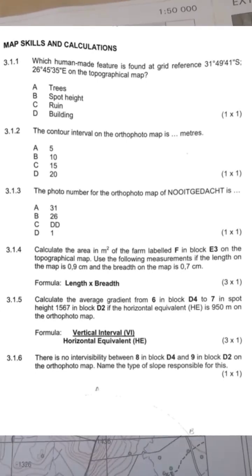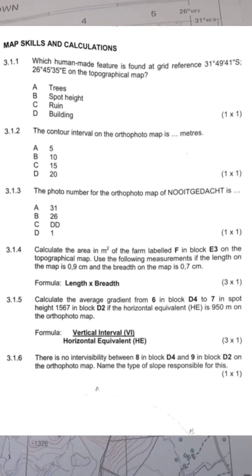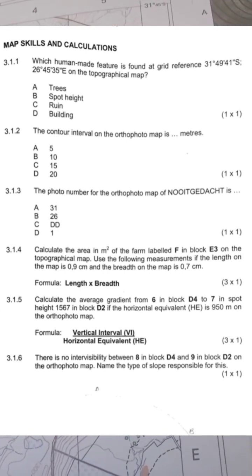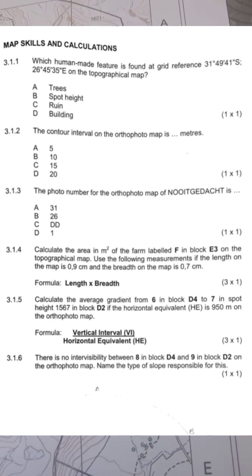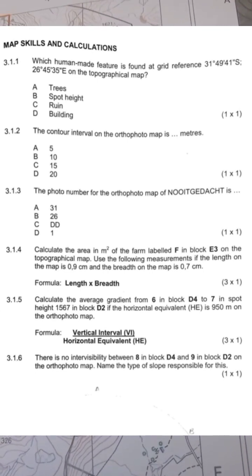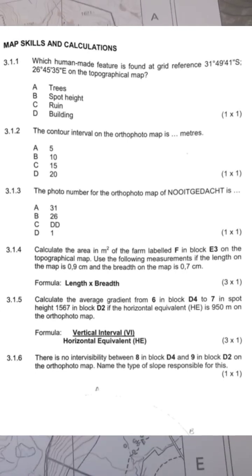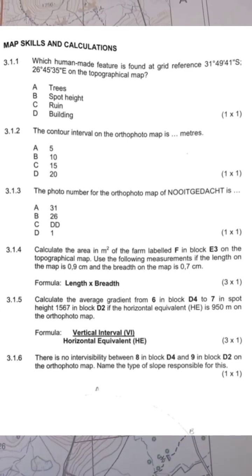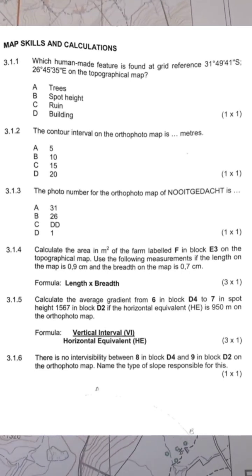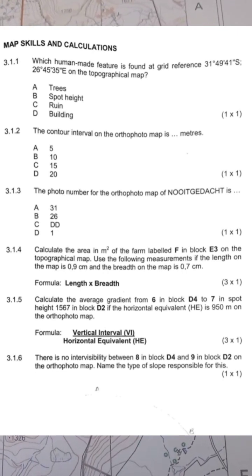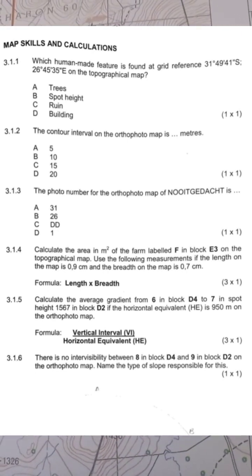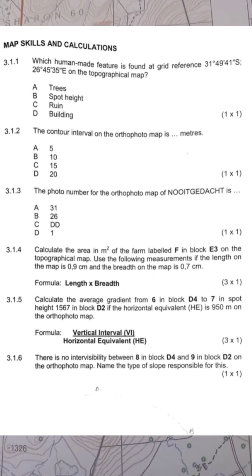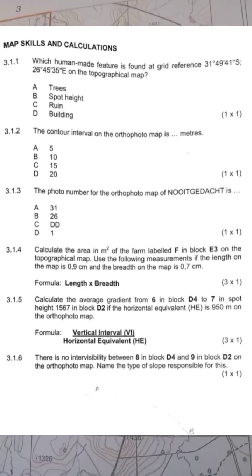Okay, so 3.1.1 says: which human-made feature is found at grid reference 31 degrees, 49 minutes, and 41 seconds south, and 26 degrees, 45 minutes, and 35 seconds east on the topographical map.